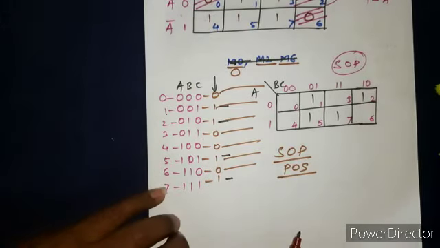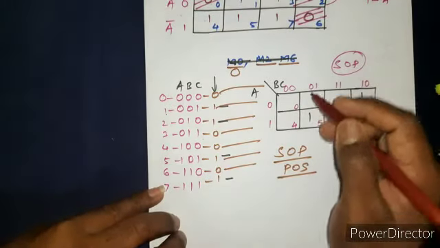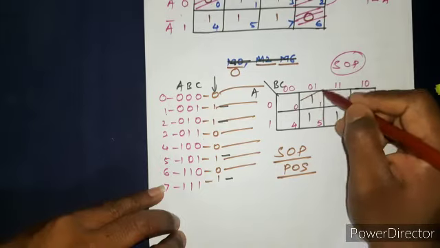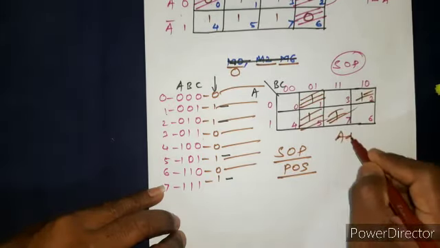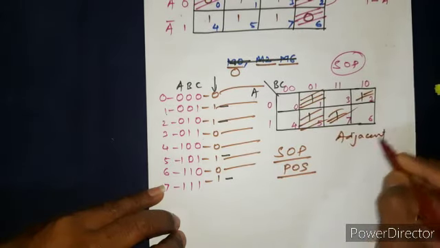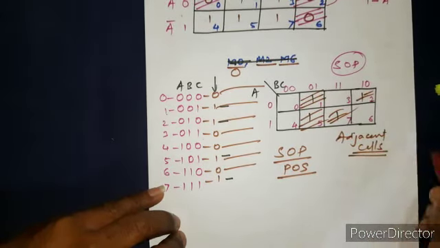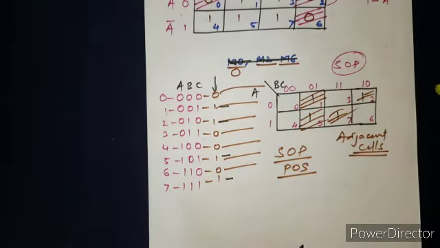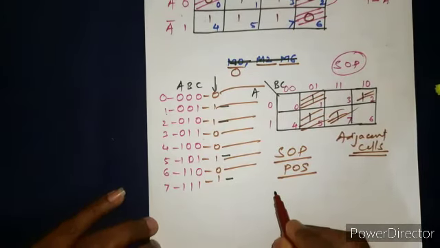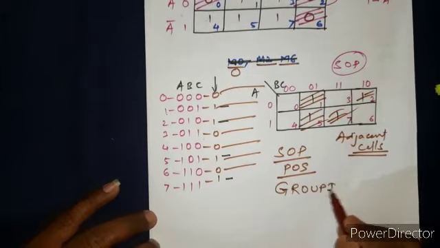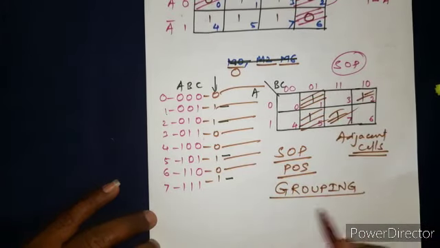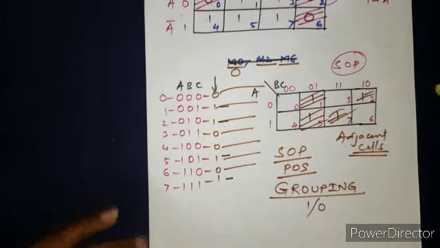So this is how you can transfer these values to the K-map depending on SOP or POS. Our next step would be referring to these cells that are called adjacent. Now we are going to refer to adjacent cells in this K-map. The next step is a very important step, that is grouping of either ones or zeros depending on SOP or POS.